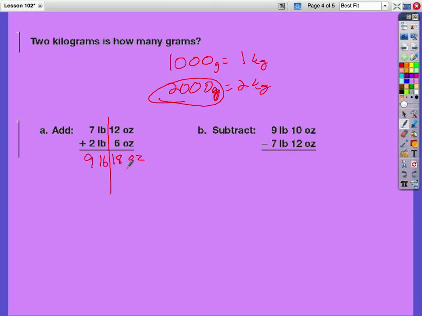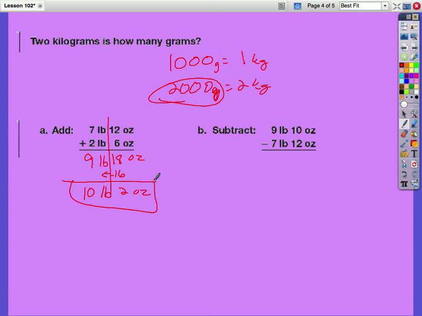Since we have 18 ounces here, we have to convert that into a pound. So we take 18 minus 16 and get 2 ounces, and that pound goes over to here and makes this 10 pounds. So 9 pounds, 18 ounces is the same as 10 pounds, 2 ounces. So when I add that together, I get 10 pounds, 2 ounces.